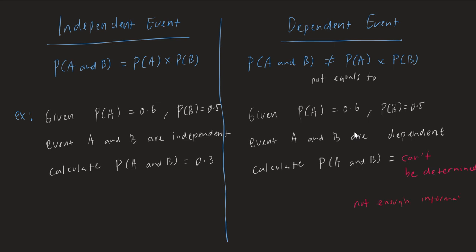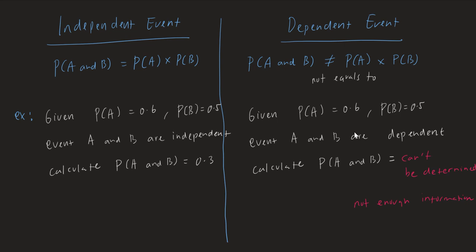Okay, stop right there, because this is the part I'm very confused about. If you know PA and you know PB and you know the two events are dependent, we cannot find out probability of A and B. Let's break it up so I can see that it can't happen.